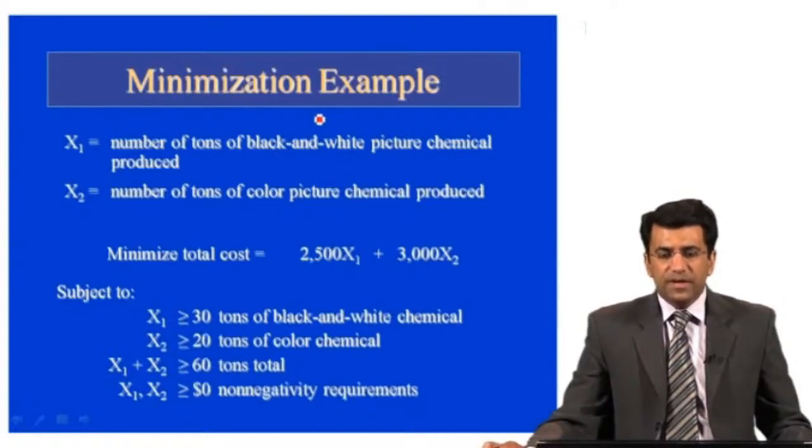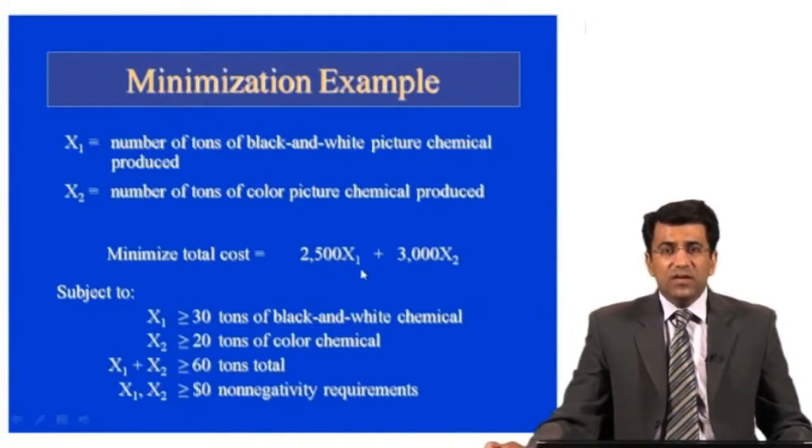Now what is meant by this particular cost function? It means that if we produce 1 unit of x1, it will bear a cost of 2500 rupees or $2500. Similarly, if we produce 1 unit of x2, it will bear a cost of $3000.